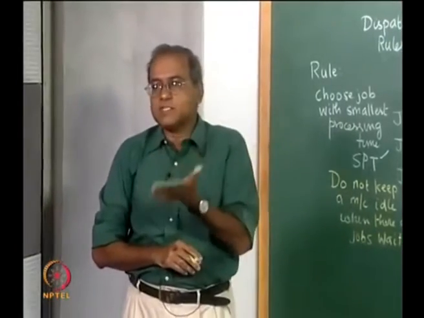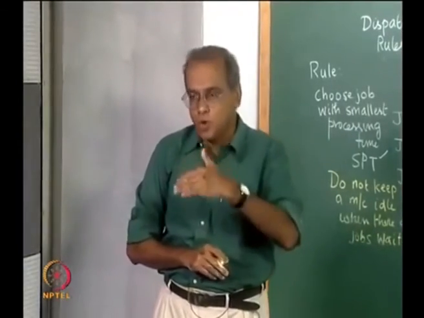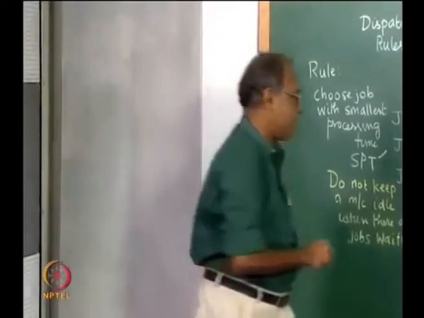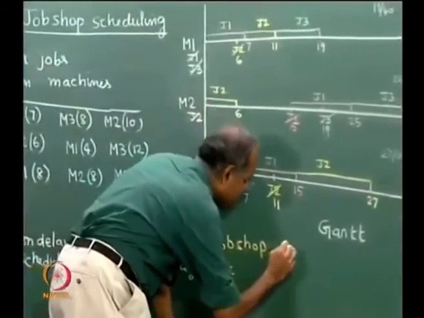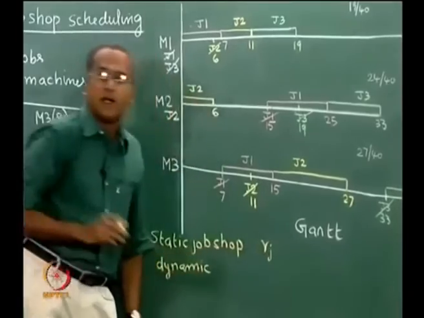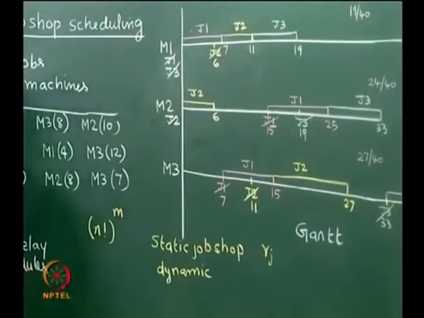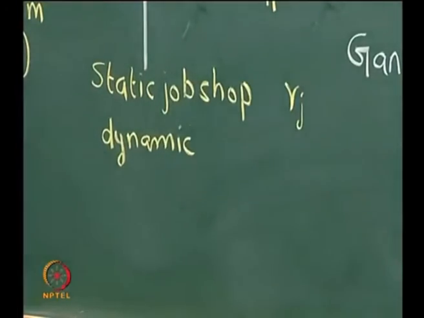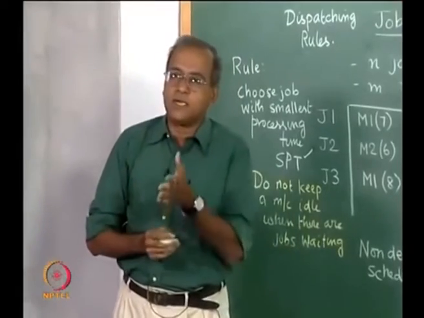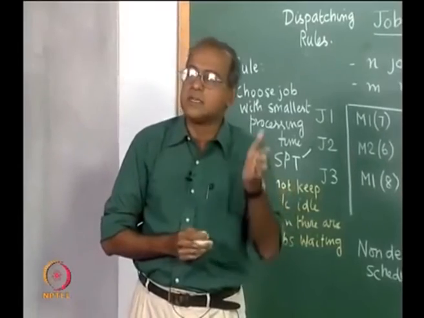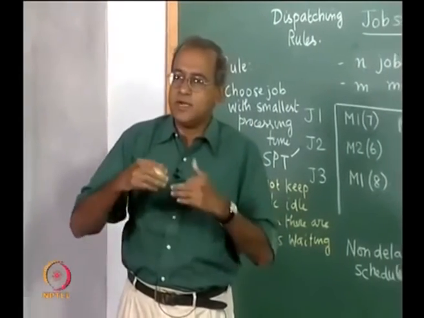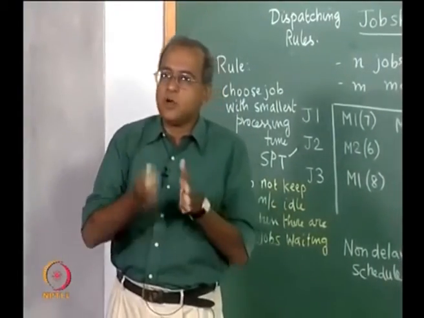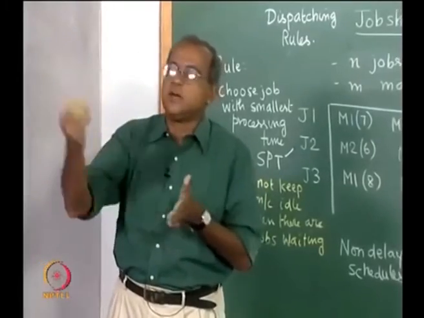When the time at which the jobs enter the system is known a priori, then it becomes a static job shop with release times, which are usually called Rj, where Rj is the release time for job j. So, in dynamic job shops, we do not know what time the jobs are going to be released into the system. In dynamic job shops, there is also no end to the jobs coming in.